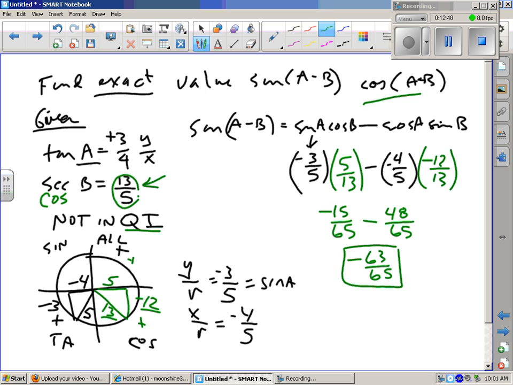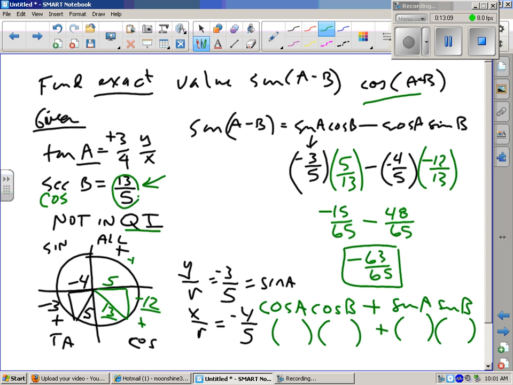Now the one we didn't do, cosine of a minus b, we'll just write the formula. I'll try to squeeze it in here. Cosine a, cosine b, sine has the same sign, so cosine is opposite. So that would be plus sine a, sine b. Let's plug it in. We already have all these from up above.